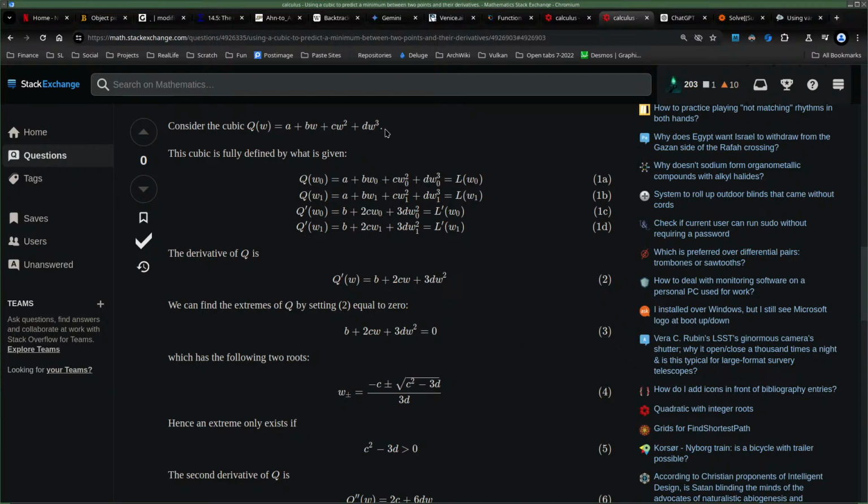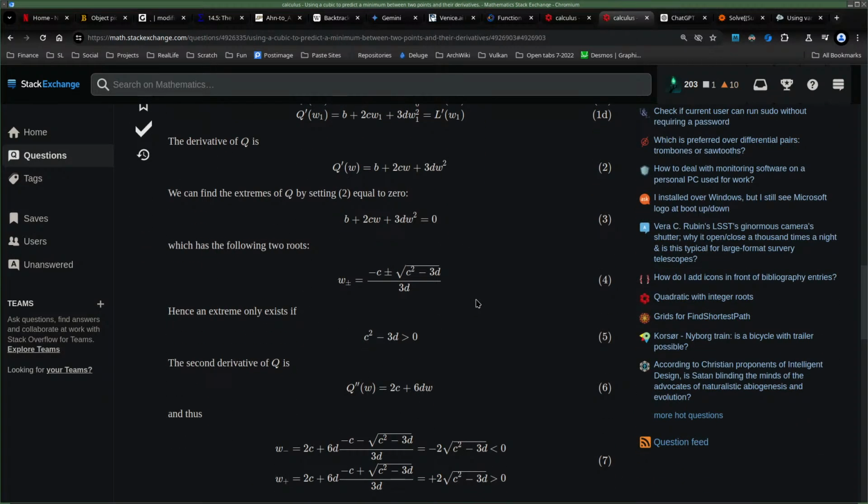I do have my cubic, and the derivative is b plus 2cw plus 3dw squared. Yes. Set that equal to 0. Then the roots are minus 2c plus or minus the square root of 2c squared minus 4 times 1 times 3d. Divide by 4. Divide by 2 here. 2 times 3d looks correct to me.